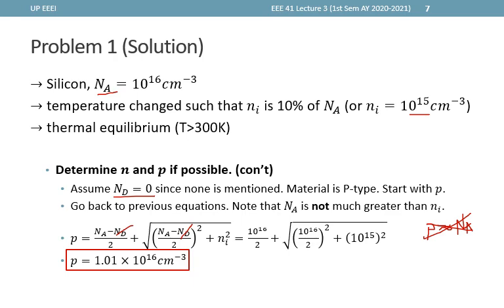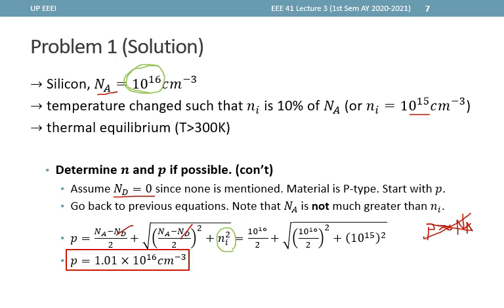So note that it is a bit larger than the acceptor doping concentration, because aside from the acceptor dopants that are ionized, we still have this term here, Ni. So P is a bit larger than Na in this case.